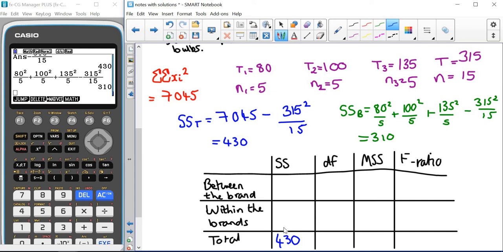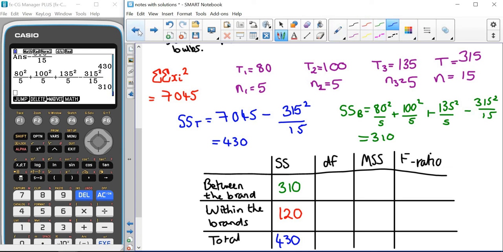We then have to fill in our SSB, which is this 310 here. And for the sum of the squares within the brands, we are going to use the fact that this is the total. And we already know this value here, so this must be the difference between them, which means that this is 120. So that's doing 430 minus 310.